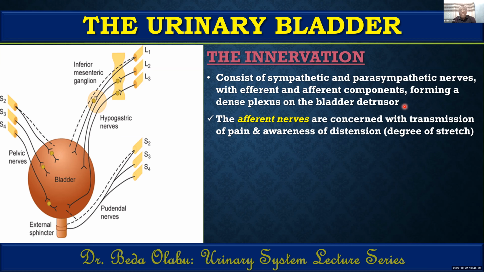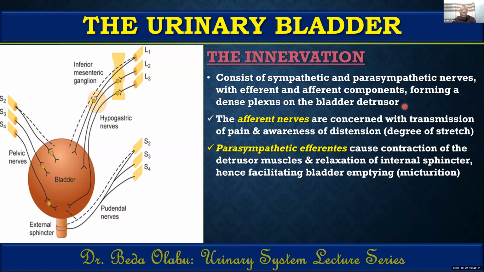The efferent innervation can be classified as parasympathetic, sympathetic, and somatic. The parasympathetic efferents that go to the urinary bladder cause the contraction of the detrusor muscles.